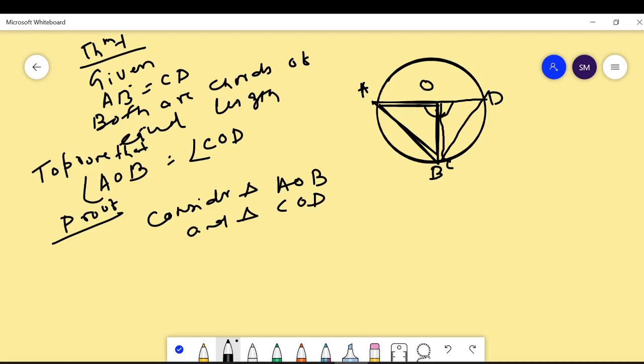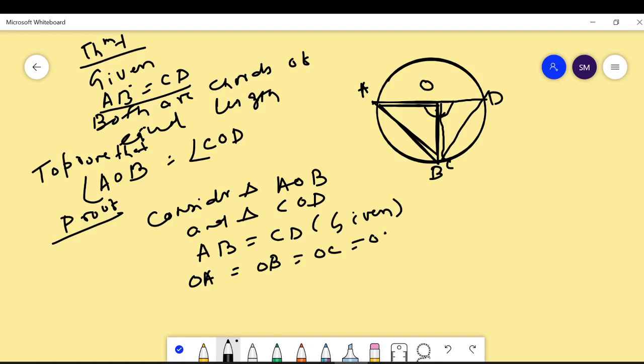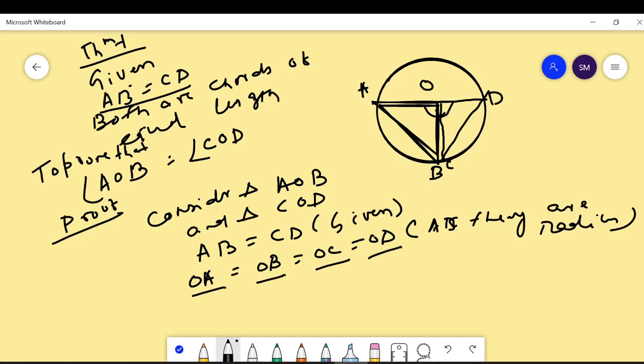Given AB is equal to CD, because they are chords of equal length, and OA is equal to OB is equal to OC is equal to OD, as they are radii of the circle. Then OA is equal to OC.